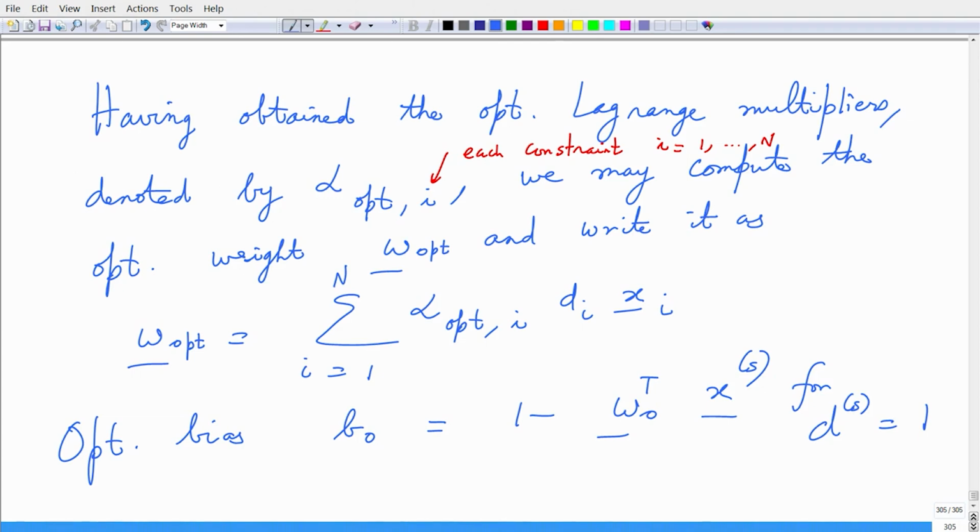But since alpha i's can be optimized by solving the dual problem subject to the constraints, let me get alpha optimum for each constraint i. Once I get that, I plug in those values to compute the optimum weight vector W given by this equation. From this I can compute my bias, b0 is 1 minus W transpose xs, where d of s is essentially 1. So, this is sort of straightforward.